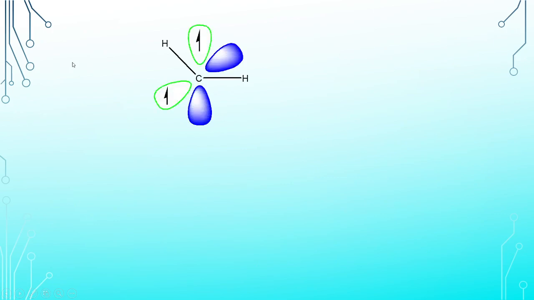Here you can see the structures. This is the triplet carbene because the two electrons are unpaired. These two electrons are present in the unhybridized p orbitals. The hybridization of this triplet carbene is sp hybridization and the geometry is linear geometry.